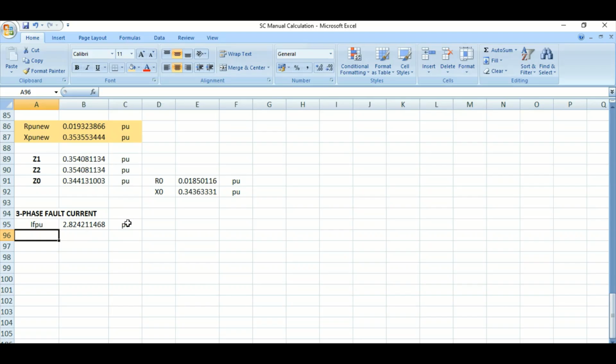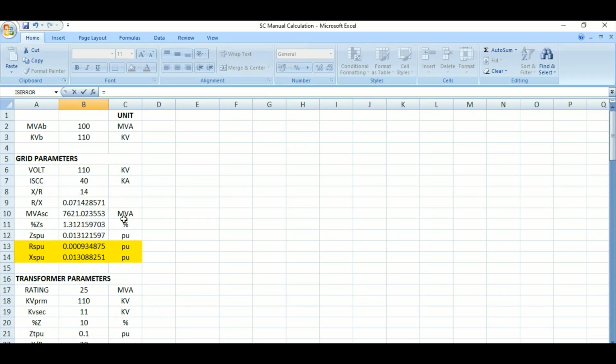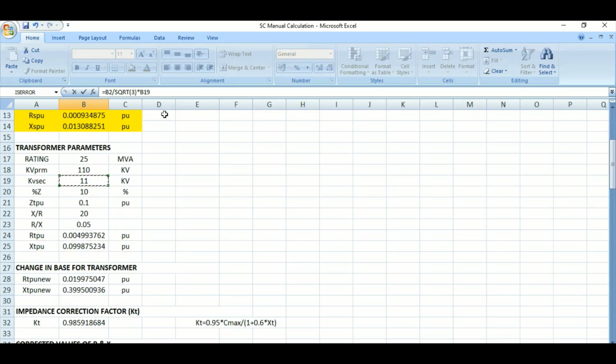Next, what we calculated, the base current. The base current I_B. What was the base current? Base current means base MVA divided by root 3 into base kV. So base MVA we know is 100 MVA, divided by root 3 into base kV. kV means 11 kV.